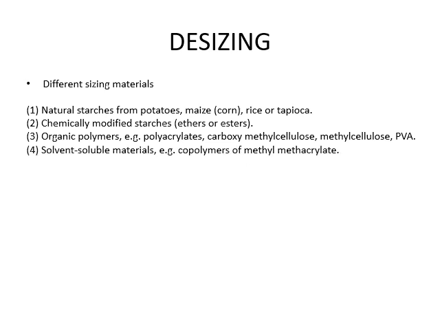And solvent soluble materials, for example copolymers of methyl methacrylate. Whichever thickener is used, out of these four, each individual thickener requires a separate removal treatment. For example, few are easily water soluble and few require the typical process of degradation.